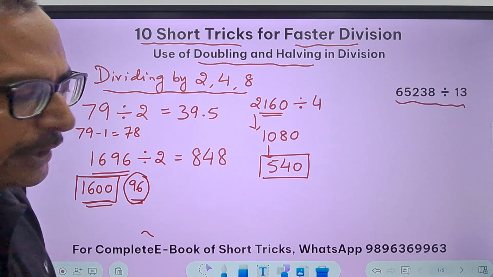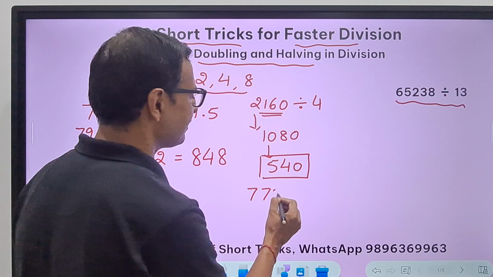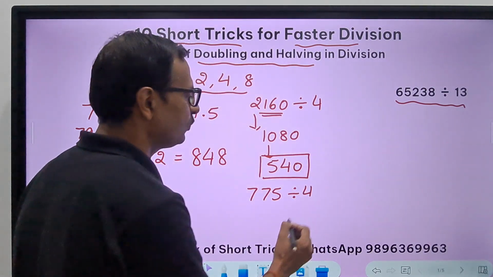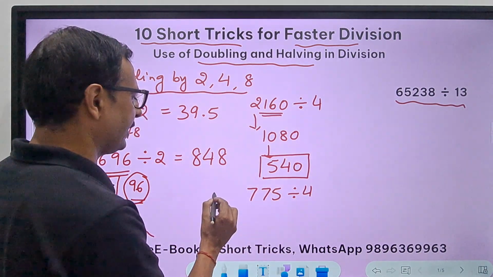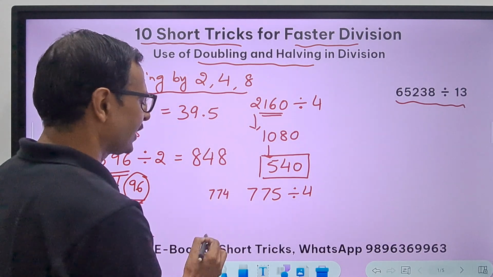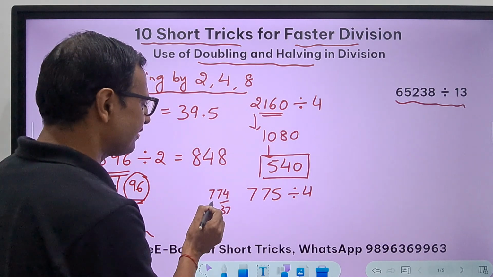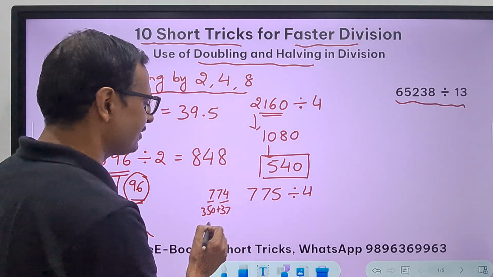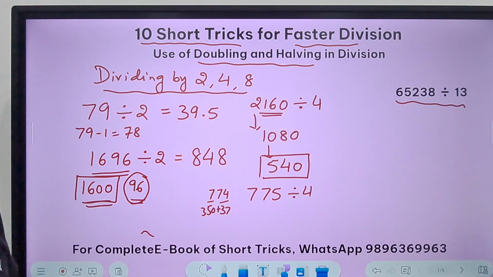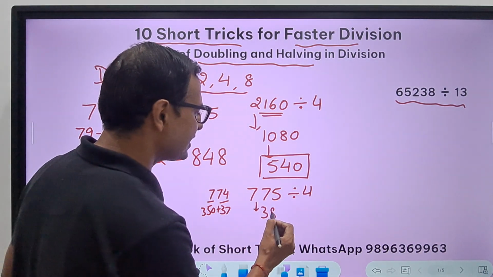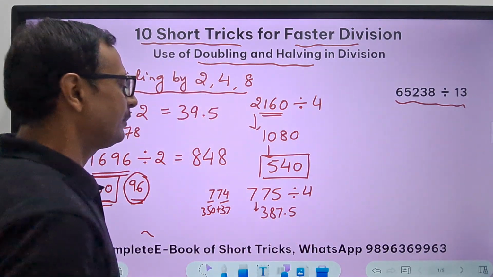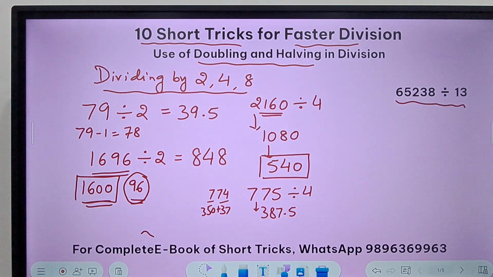Next, if we have an odd number, suppose you have a number like 775 and I need to divide that by 4. Again, I told you how to divide the number by 2, so you have to consider this as 774 in the mind. 74 is 37, and 700 is 350. So 350 and 37 is 387. That's how you take the half of numbers. So this becomes 387, and then you have to put 0.5 also because it's an odd number, and finally you have to take the half of this number also.